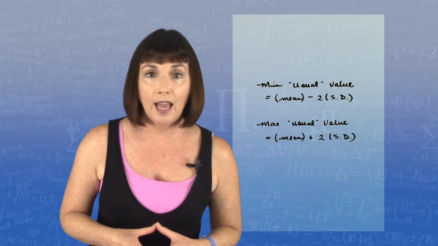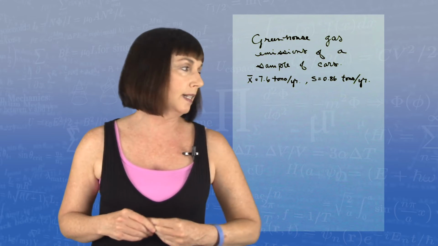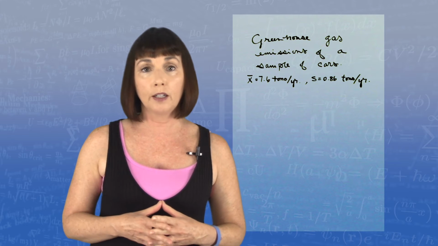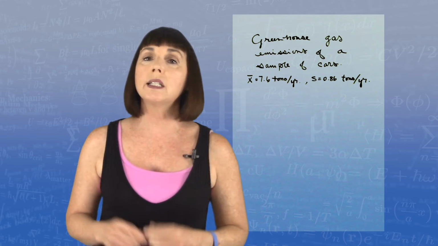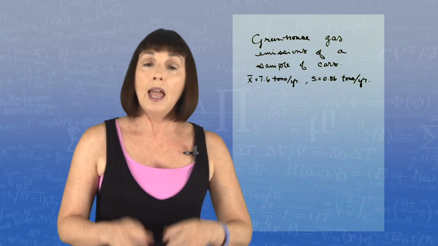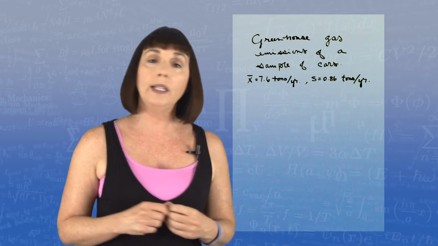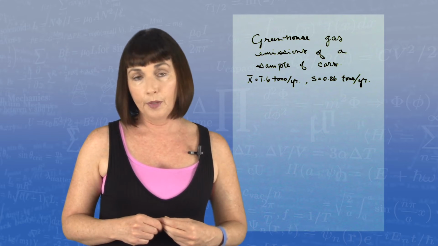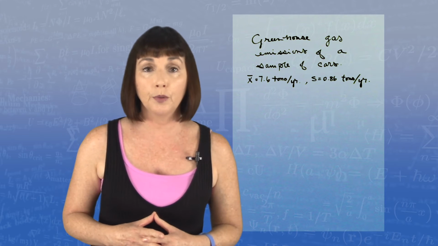Let's take a look at an example. We've got some measurements of greenhouse gas emissions from a sample of cars. Our mean x bar is equal to 7.6 tons per year, and our standard deviation s is equal to 0.86 tons per year. So let's determine our range of usual values.